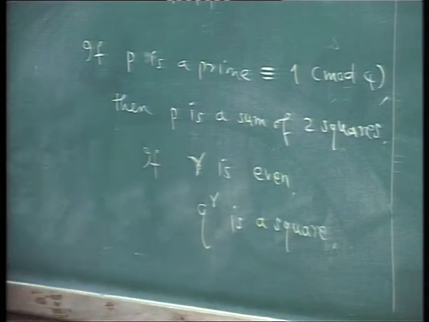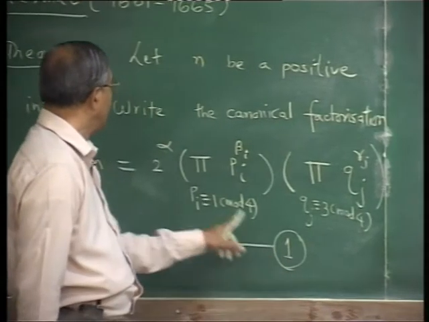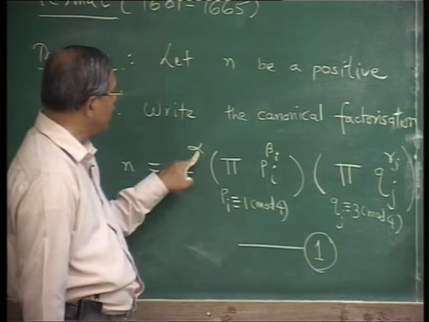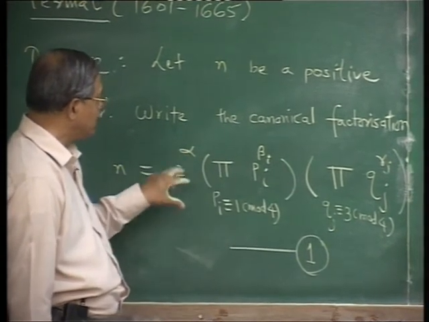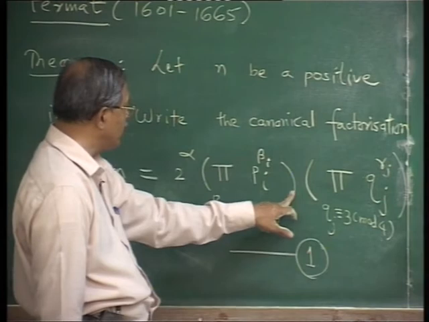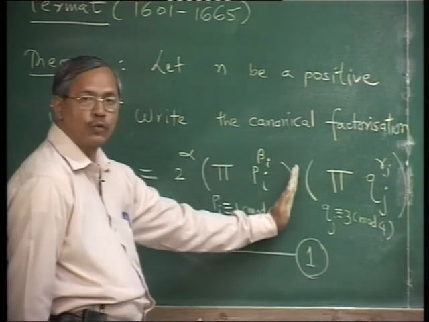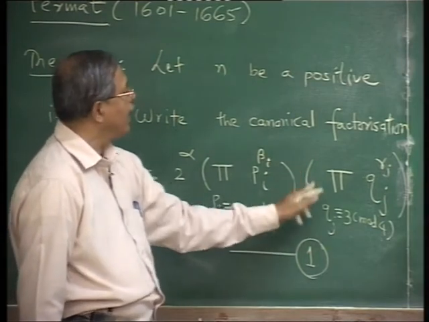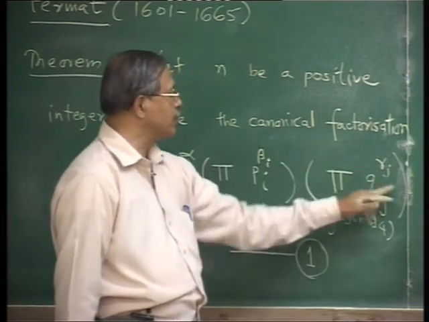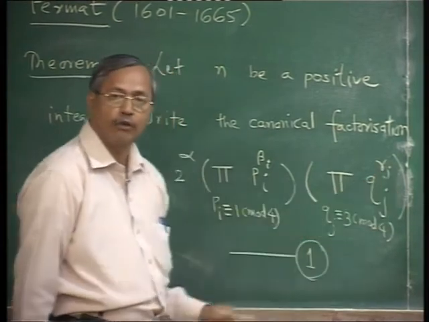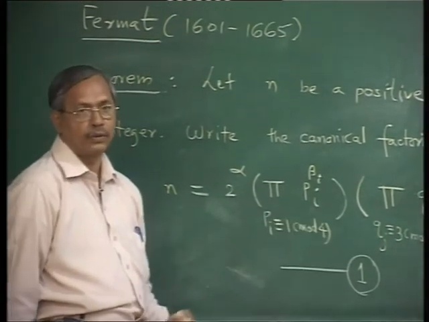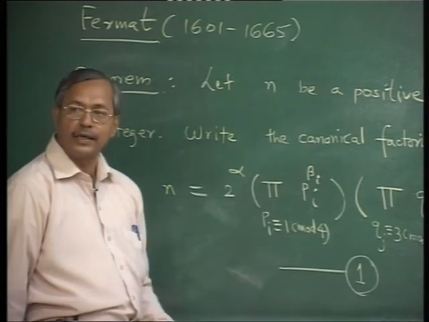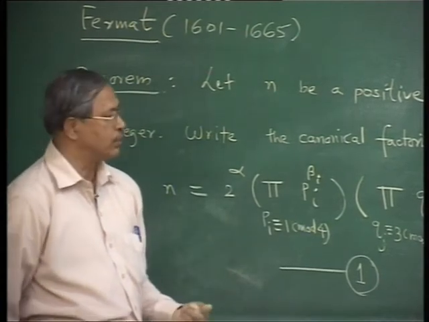Therefore, in 1, 2 raised to alpha is a sum of two squares. The product of the pi raised to beta i is also a sum of two squares. A product of sums of two squares is a sum of two squares, and you multiply by a square, the product of qj raised to gamma j, which is going to be a square. So this whole thing is a sum of two squares. A sum of two squares multiplied by a square is also a sum of two squares.